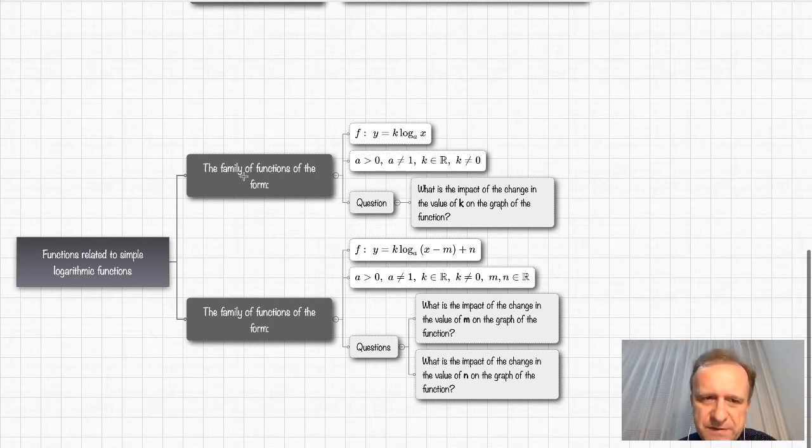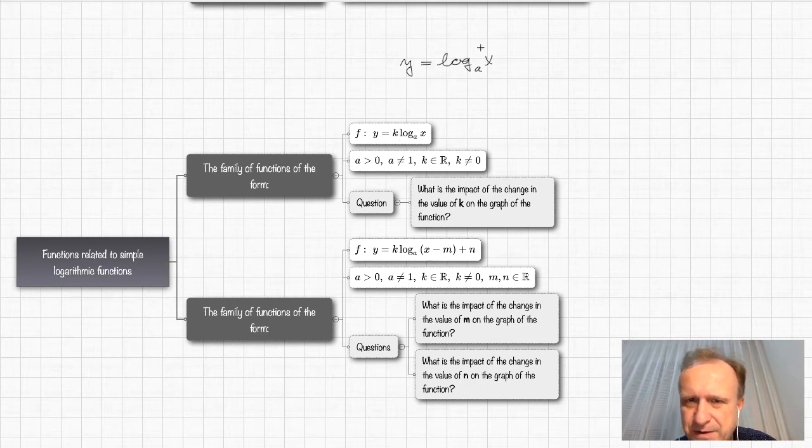The first one is the family of functions of the form y equals k times logarithm in base a of x. So the only difference, if you compare this with the simple logarithmic function, which was y equals logarithm in base a of x, is that this function is k times the original one.